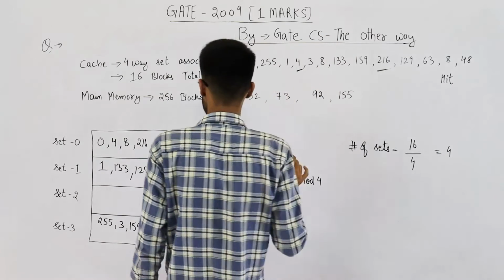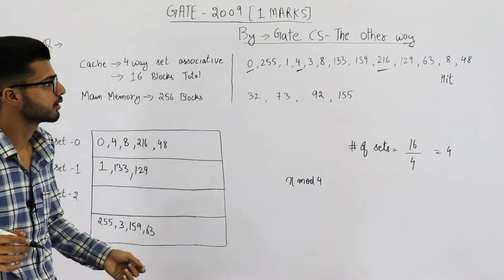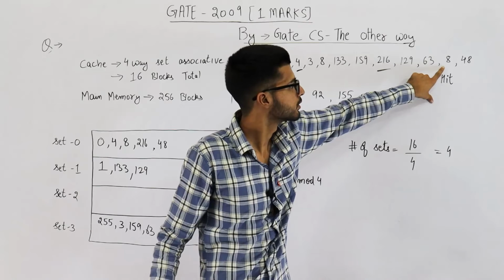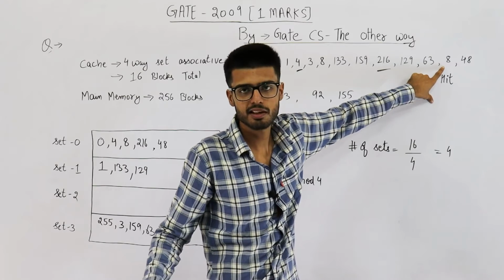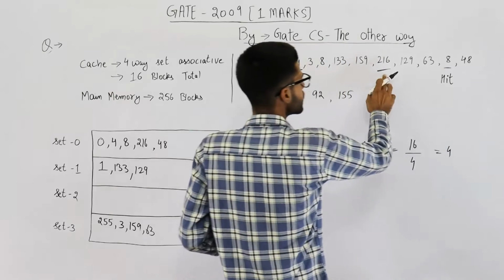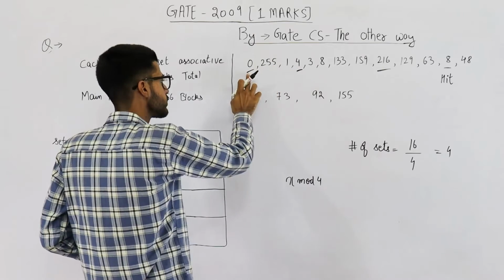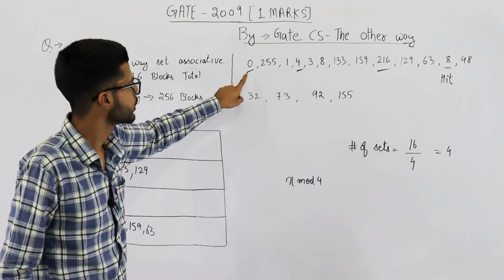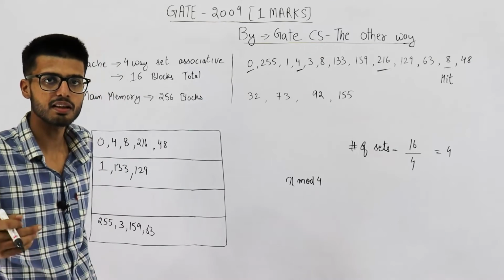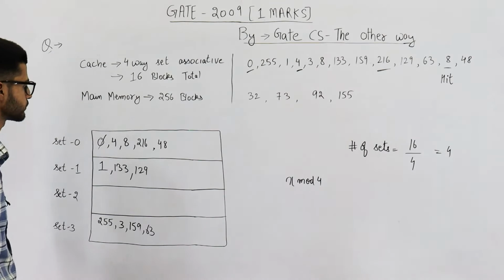So in main memory, when we are trying to accommodate this 48, 8 is present, so 8 is actually the most recently used. It will not be replaced. Similarly, this one will not be replaced. This one will not be replaced. This one will be replaced. So here you are going to replace block number 0 because it's the least recently used. So this one is deleted from cache.